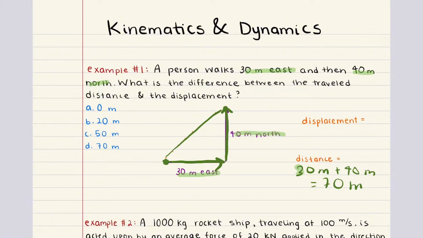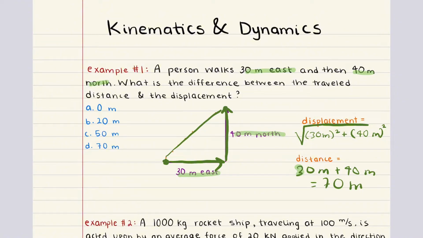Now we need to calculate the length of the hypotenuse using the Pythagorean theorem. So here, displacement is going to be equal to the square root of 30 meters squared plus 40 meters squared.